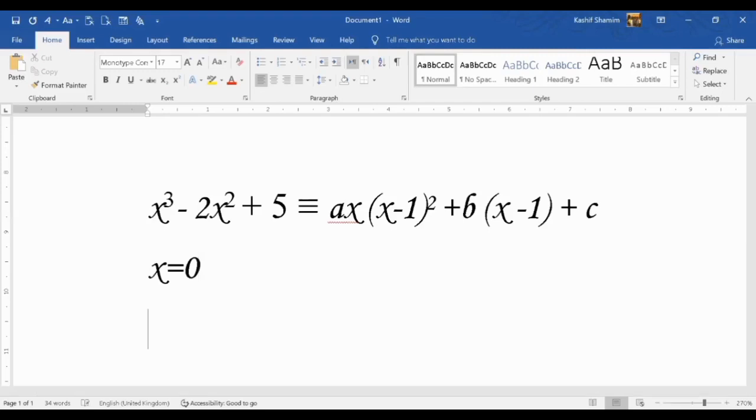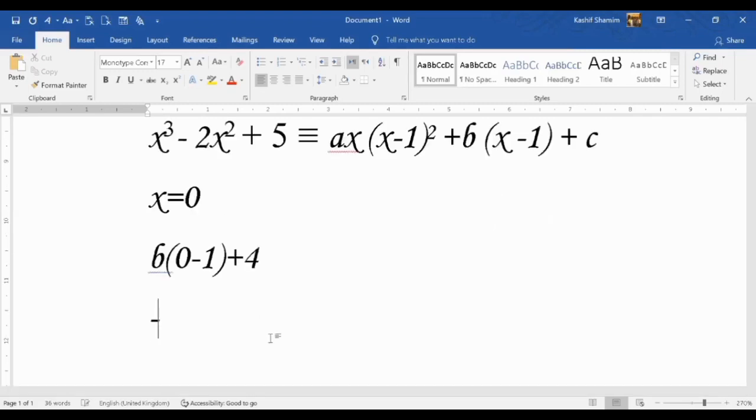Now we can express this in the form B times 0 minus 1 plus C, which is 4.